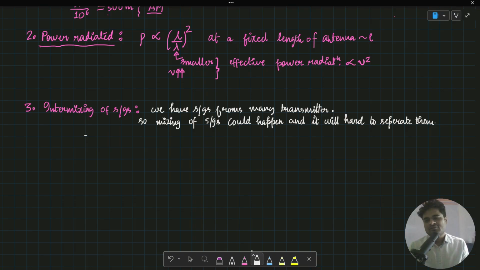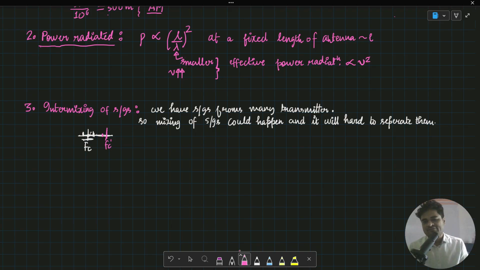So let's say that we are transmitting at one frequency, let's say FC, and we have taken a bandwidth like this, but the second signal is not at the same central frequency. Instead it is separated by some distance. So let's say this is FC dash and the bandwidth is this.